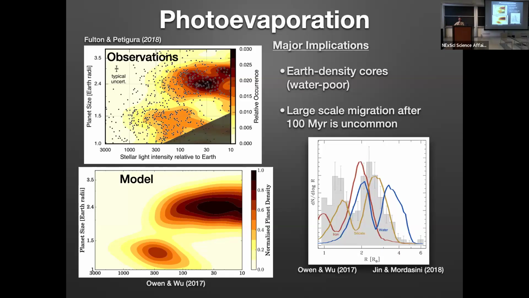So you don't have the sustained XUV irradiation all throughout the M dwarf's life, but you have flares that happen and can have a huge impact on blowing off atmospheres. So you could have one flare event that drives away a huge atmospheric escape. So I think it becomes much less clean to understand the population of these planets around M dwarfs because you don't know how big of a flare it's been through yet.